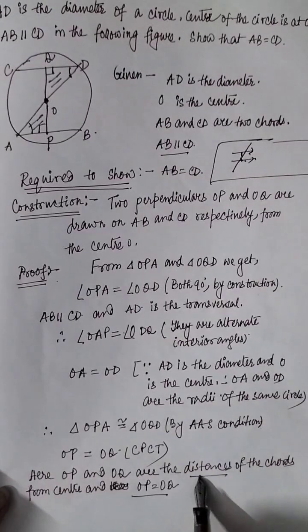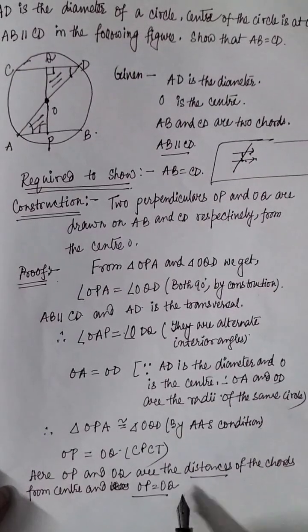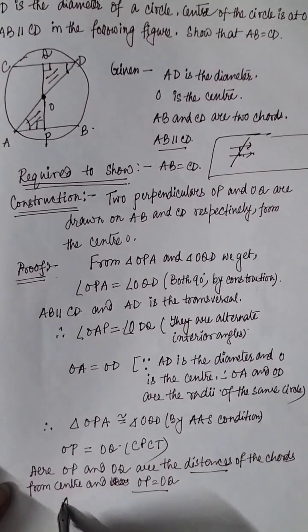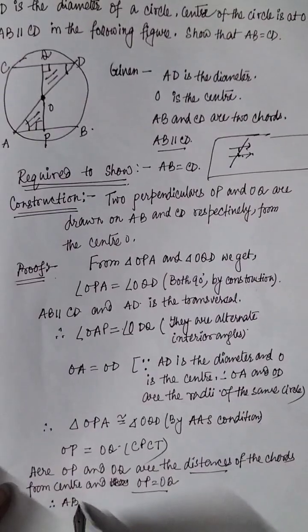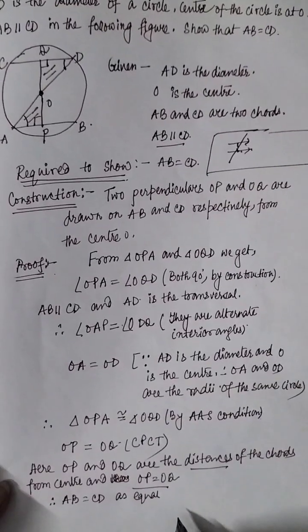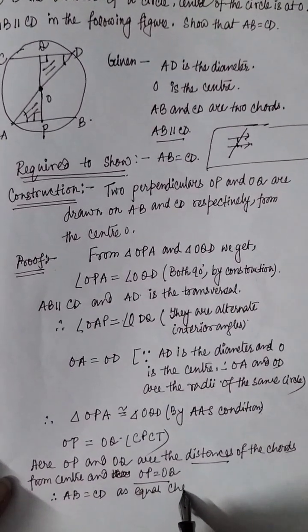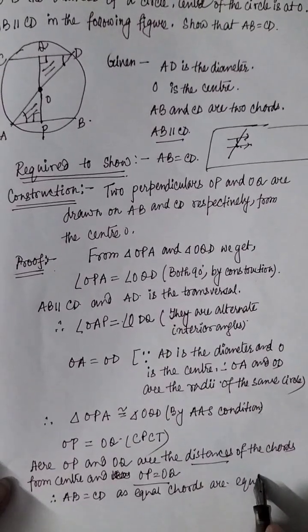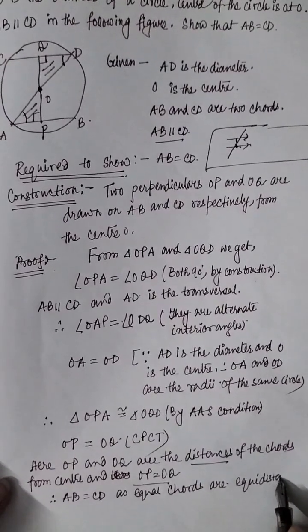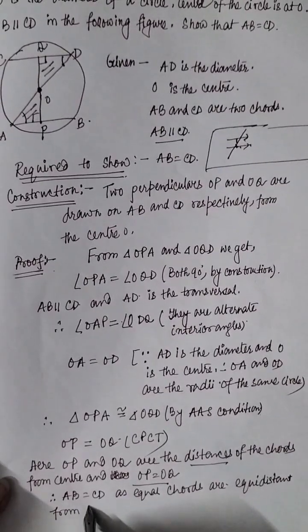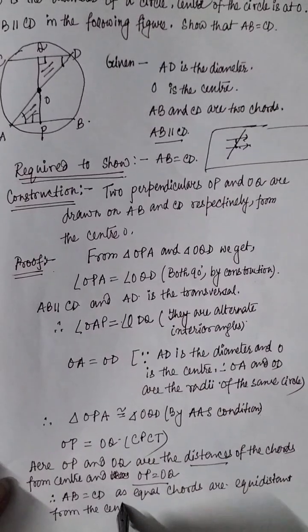So by this statement, we can say AB equals to CD, as equal chords are equidistant from the center of a circle.